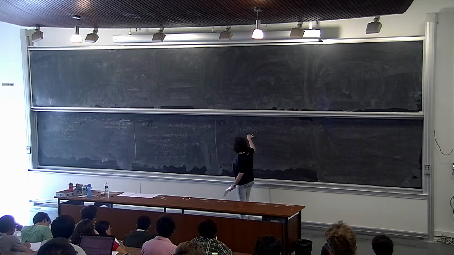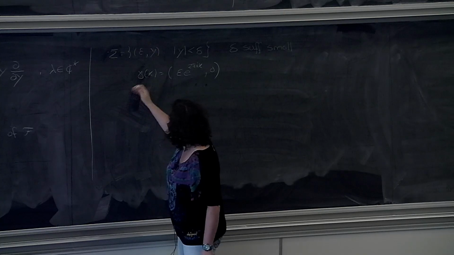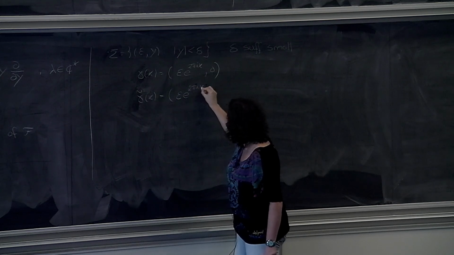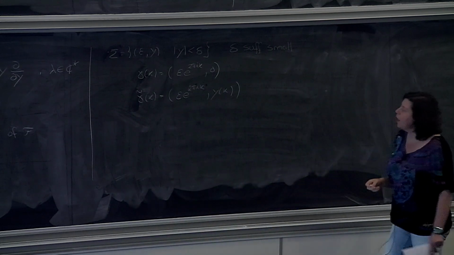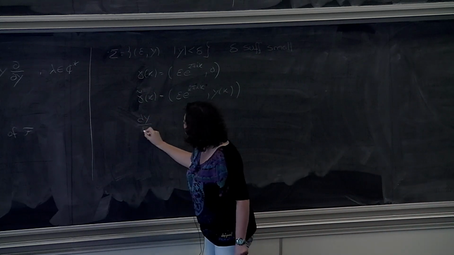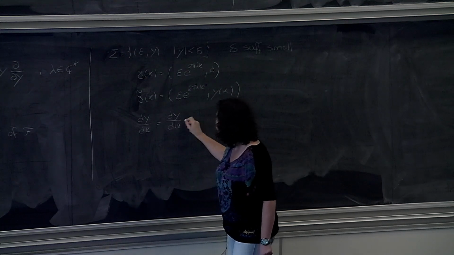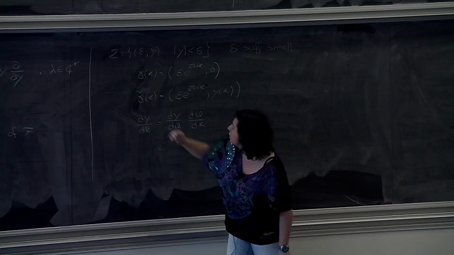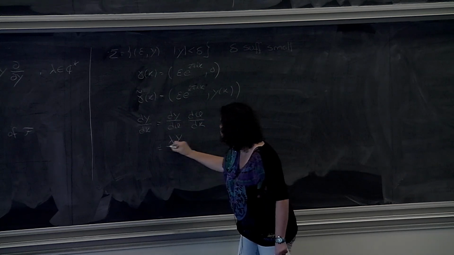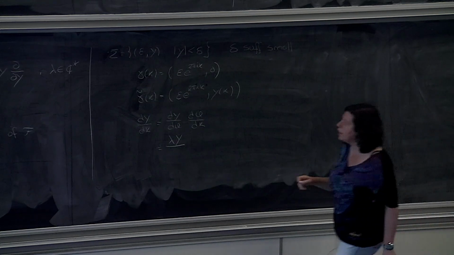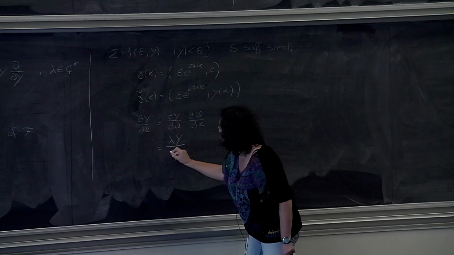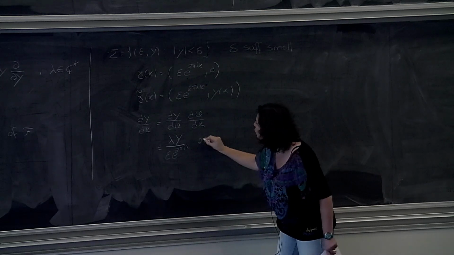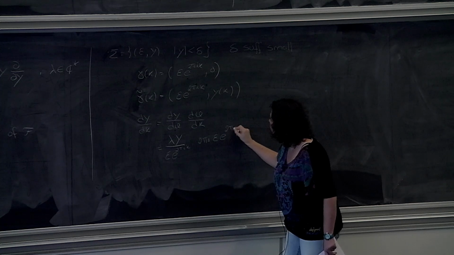To take the lift, I know that if I take this lift in x, I will have exactly the same expression. Here I will have y of k, and y of k satisfies dy/dk is dy/dx times dx/dk. So this corresponds to dy/dx equal to lambda y over x. Here x is epsilon e^{2 pi i k}, and the derivative of x is 2 pi i epsilon e^{2 pi i k}.